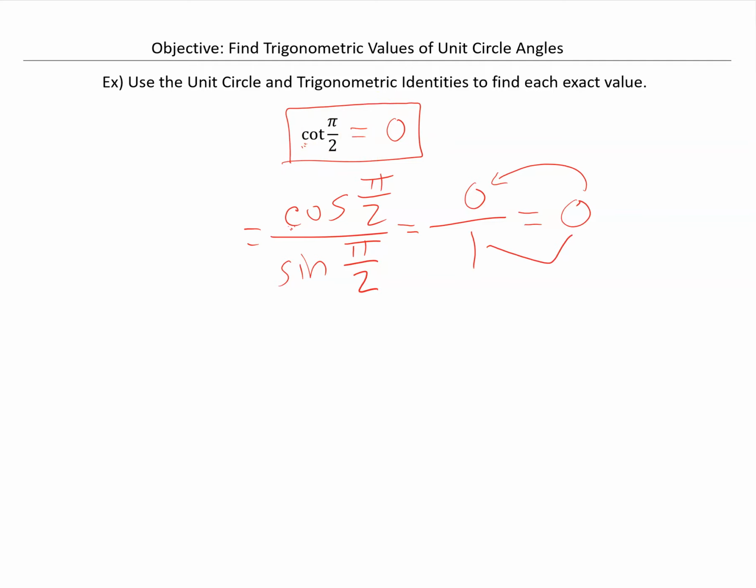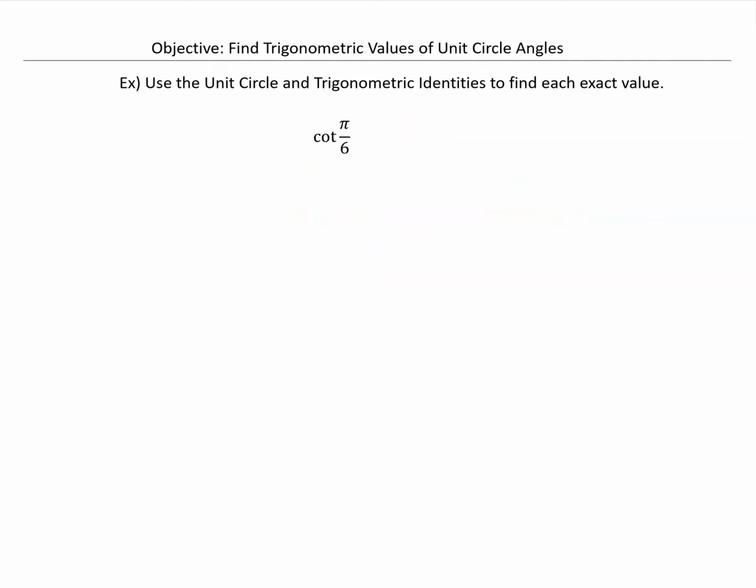All right. Here we have cotangent of pi 6 radians. Nice little simple one, quite honestly, in our first quadrant here. So again, cotangent, which starts with C, would have cosine over sine. And here, again, pi 6 radians is our 30 degrees.